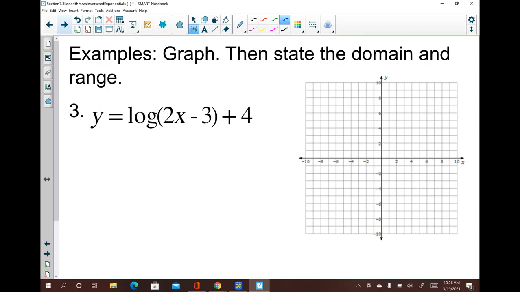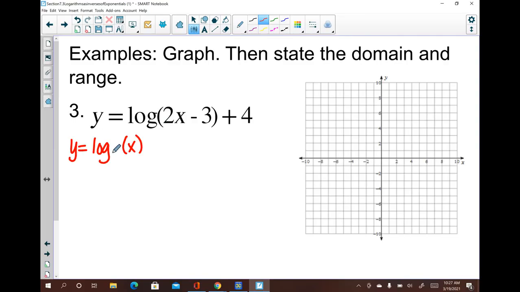So we will look through one graph, and then you guys will be working on some practice as homework. We begin with our parent. Our parent function is going to be y equals log of x. Now we notice here that there is no base written, and that is because this is the second type of special logarithm. It's called the common log.